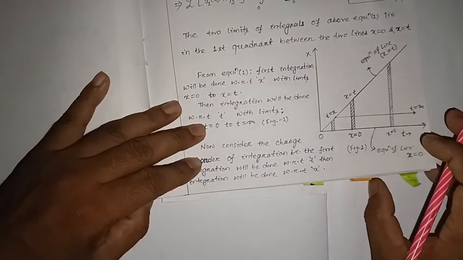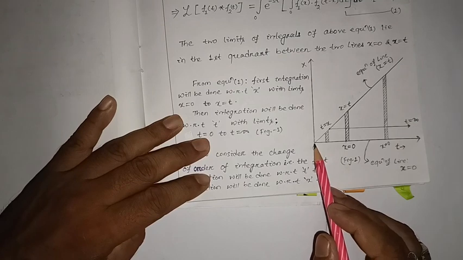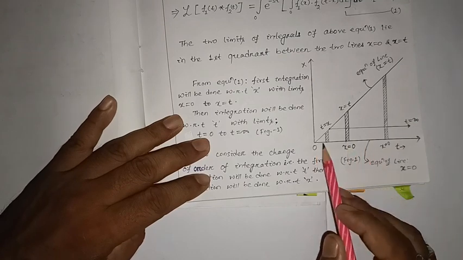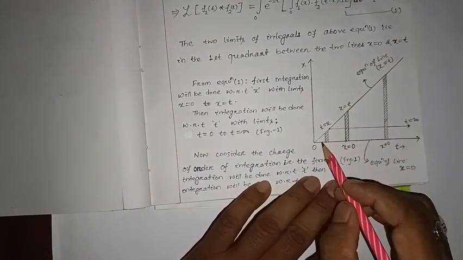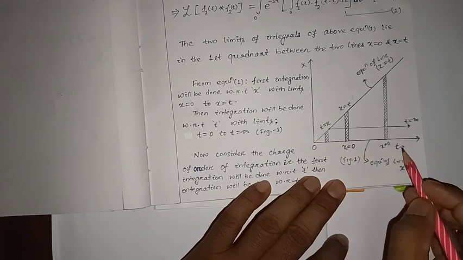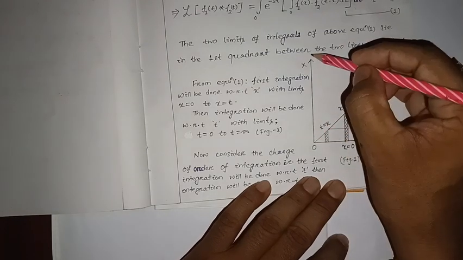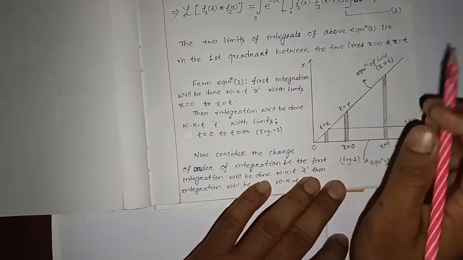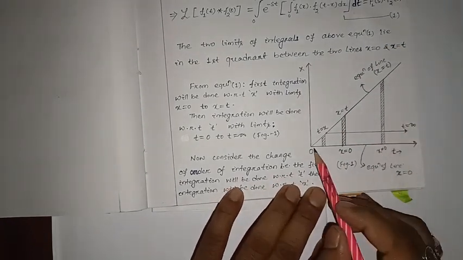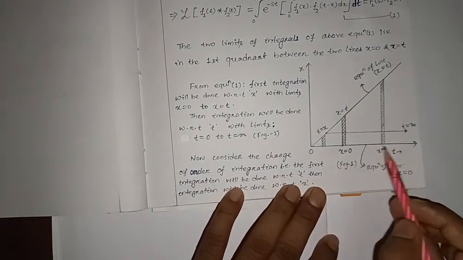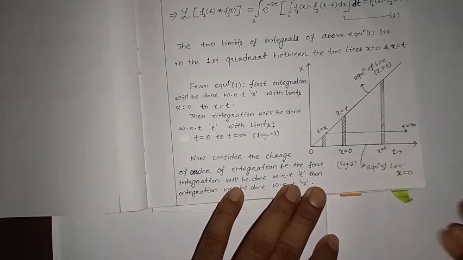So x varies from 0 to t. If we consider this figure, x equal to 0 is this line. Along this axis we consider the variation of t, and along this axis we consider the variation of x. Obviously this line will be the equation x equal to 0.